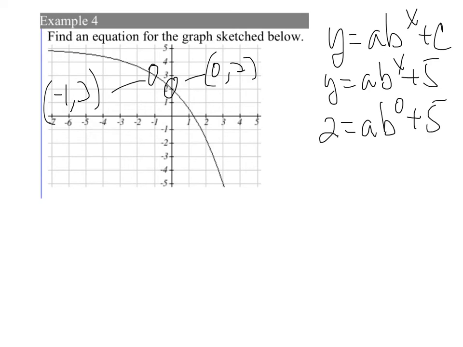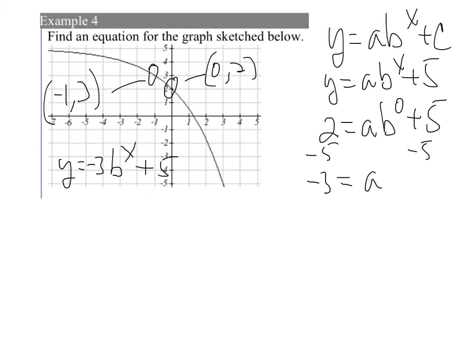So then I'm going to subtract 5 from both sides of this equation, get -3. And a times 1, b to the 0 is 1. So a is -3. So that brings me down to y equals -3 times b to some power plus 5.